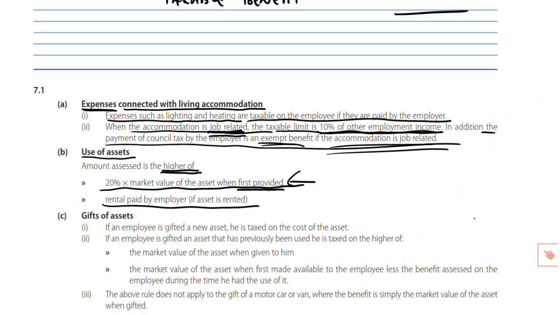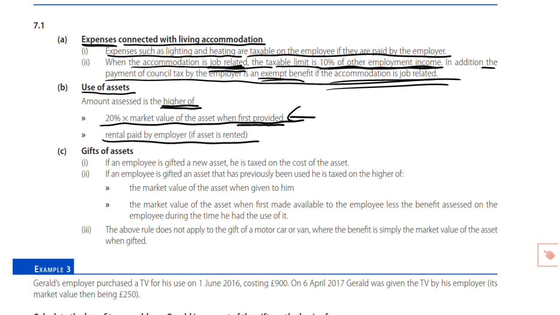Now, what may happen in relation to such an asset, irrespective of whether the individual is provided with living accommodation, if you could convince your employer it was a really good idea for them to buy for you some expensive television, for example, and other audio-visual equipment, if the company bought that for your usage, then you'd be using this 20% of the market value when first made available.